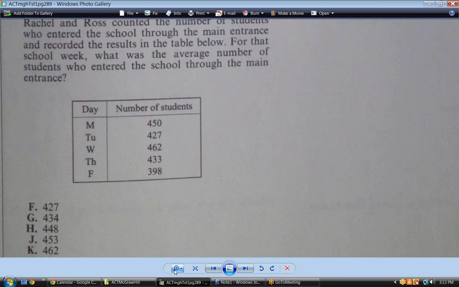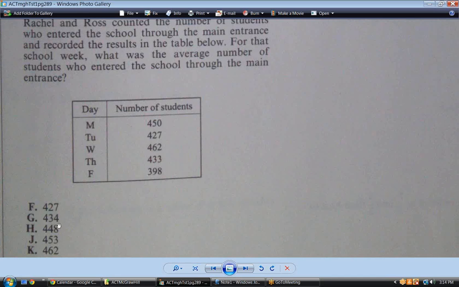Do it. 434. Sounds right. I didn't do it in my calculator, but I'm sure you did it correctly. 434.